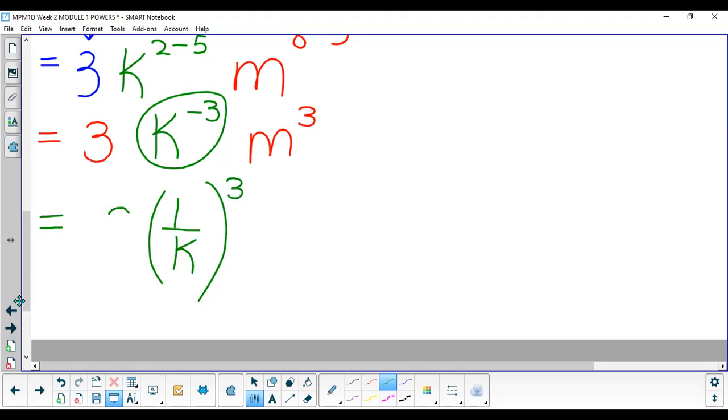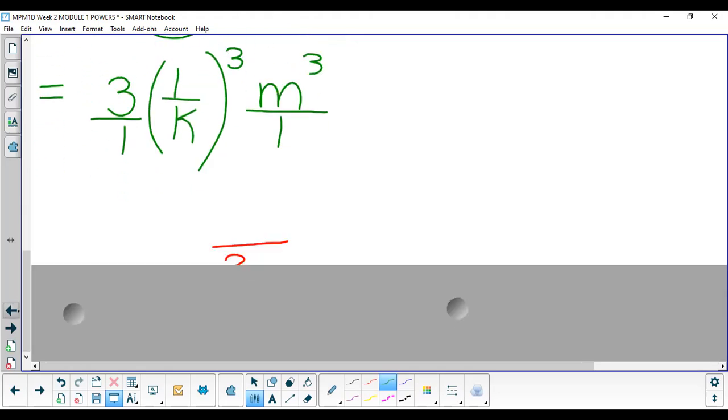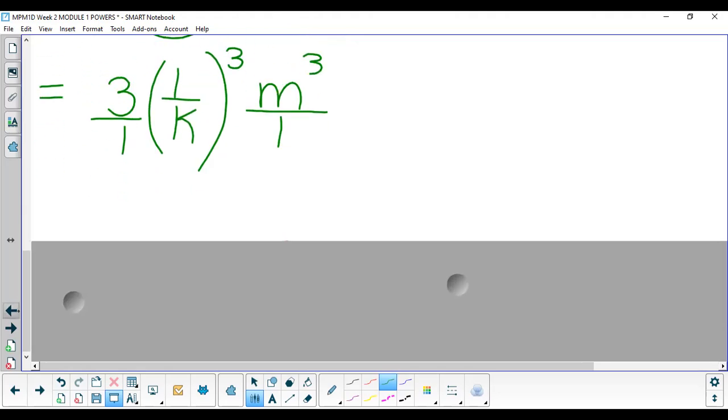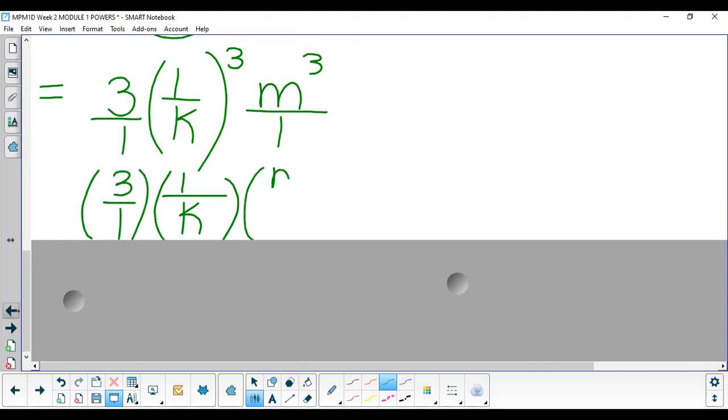And now I'm going to simply write everything else down. Now remember, because these terms are whole numbers, they're going to be on top of a denominator of 1. So I think we've had enough practice to know that 1 to the power of 3 is 1. K to the power of 3 is k. And that has to be multiplied by 3 over 1 and m cubed over 1.